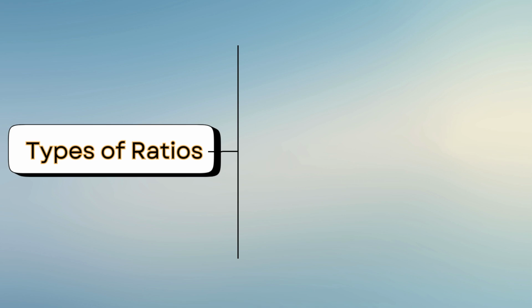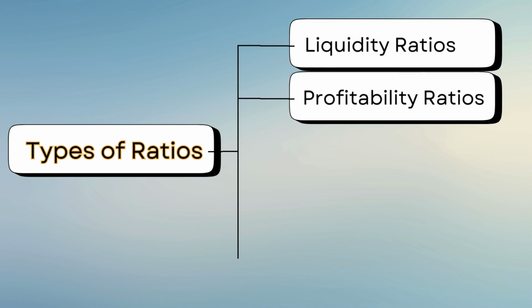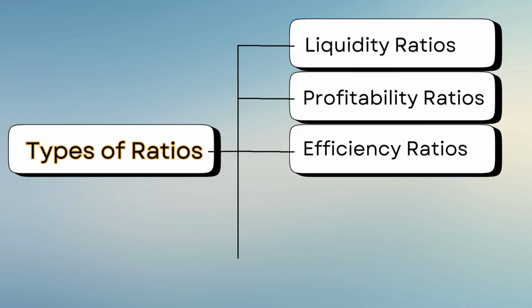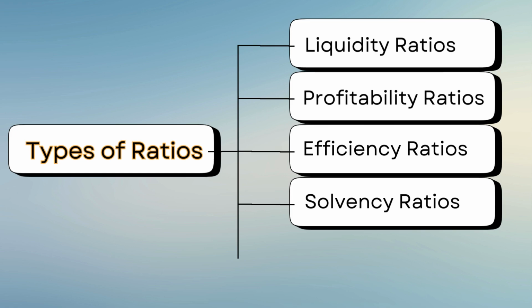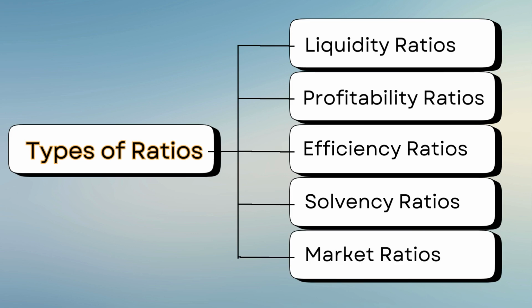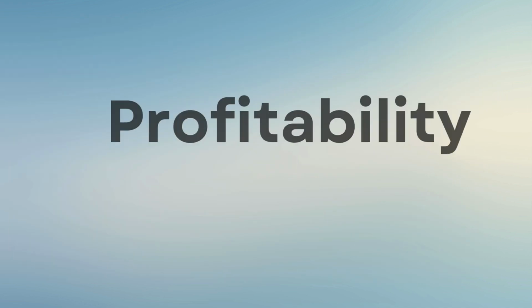The main types of financial ratios include liquidity ratios, profitability ratios, efficiency ratios, solvency ratios, and market ratios. My earlier video on ratio analysis, titled Part 1, explained the liquidity ratios, which are also known as the short-term solvency ratios. In this video, let's discuss the profitability ratios.